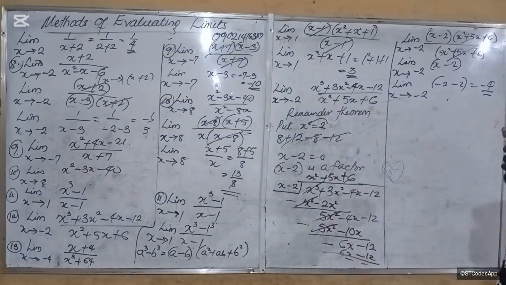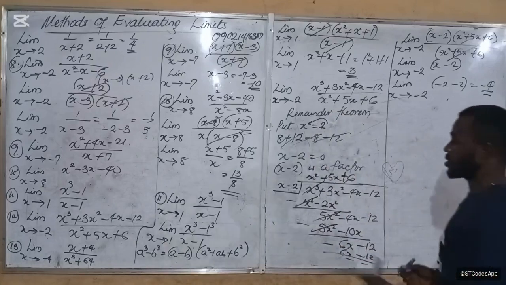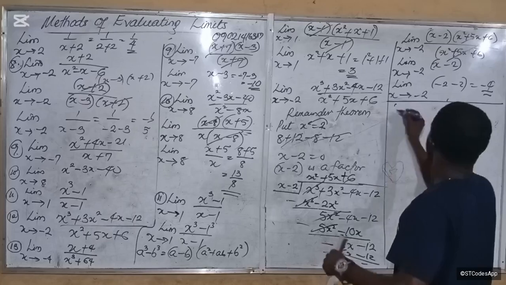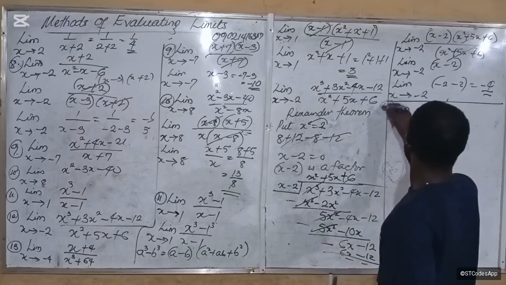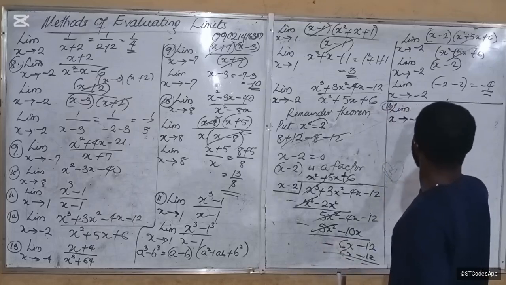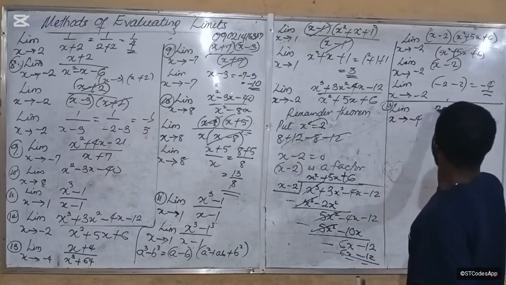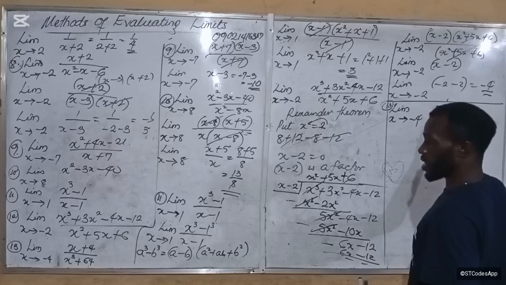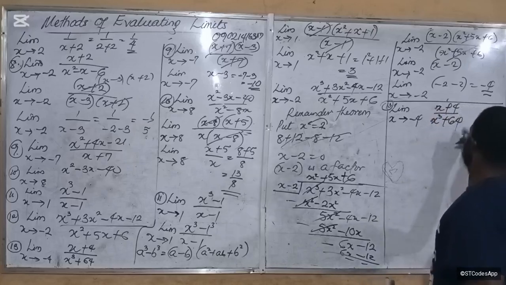Okay, so we go to the next one, number 13, which is the limit as x approaches minus 4 of x plus 4 over x cubed plus 64.